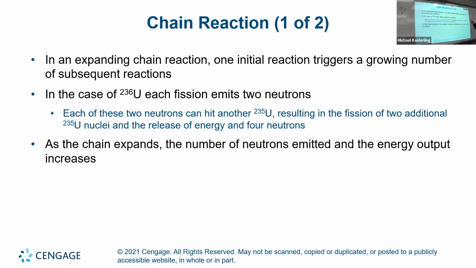One initial reaction triggers a growing number of subsequent reactions. In the case of uranium-236, each fission emits 2 neutrons. And each of these neutrons can hit another uranium-235, leading to the fission of a 235 nuclei and the release of energy and 4 neutrons. And this causes an expansion of the chain. And this will happen spontaneously if you have enough uranium-235.